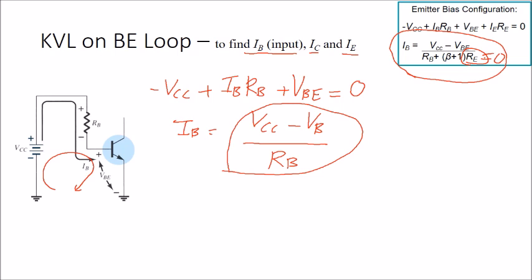For the IC, we can simply use IC equal to beta IB, and for the IE, we use the equation of beta plus 1 times IB. So this is KVL on the BE loop.